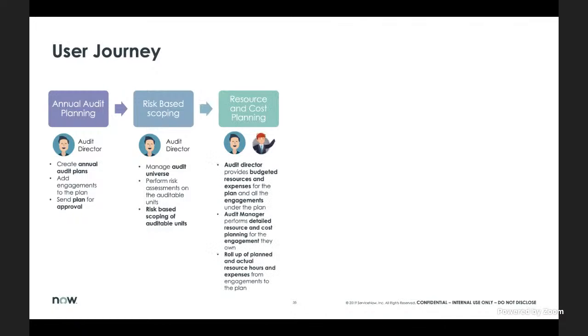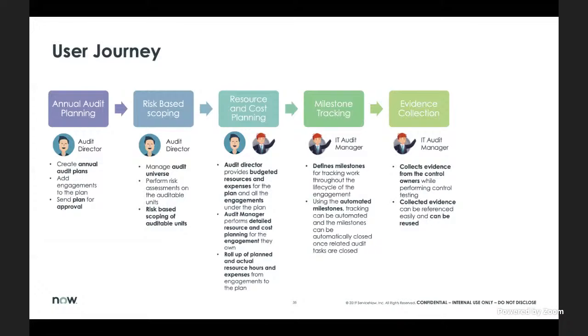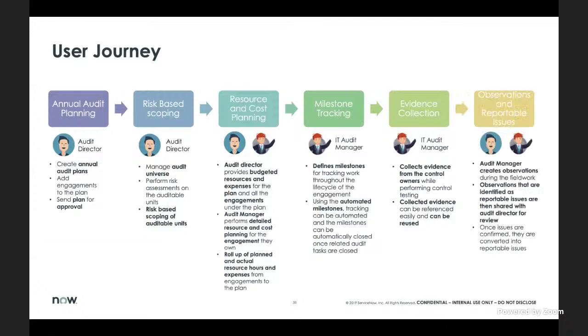And then, interacting with the audit managers or audit lead, they are working on providing budgets for the engagement and making sure that the audit leads are doing their resource and cost planning accordingly. And then finally, we transition into more engagement management, where audit leads are defining different milestones and collecting evidence from the end users, and then closing out the issues and observations.